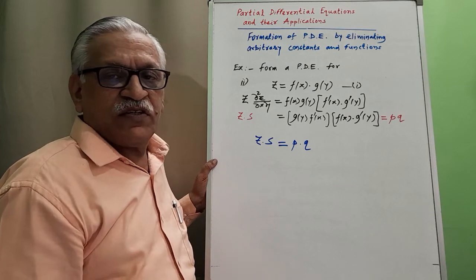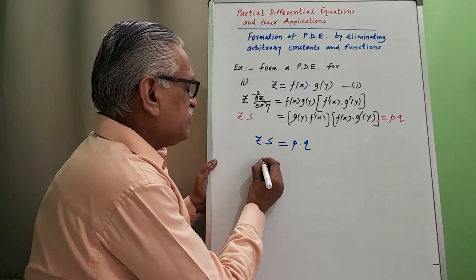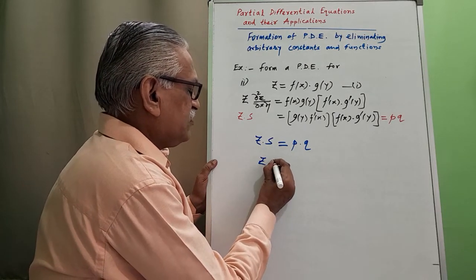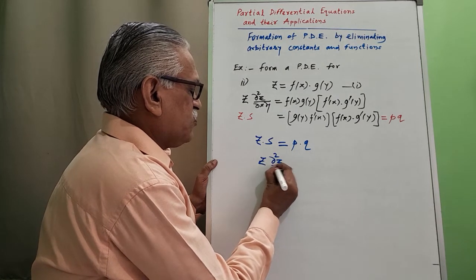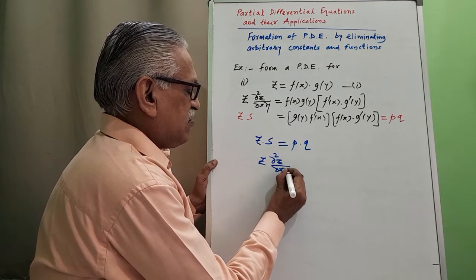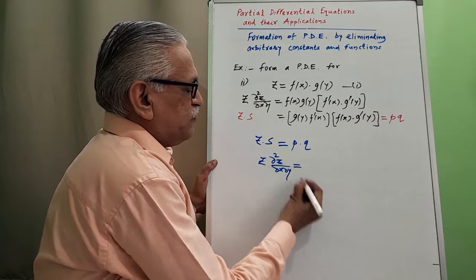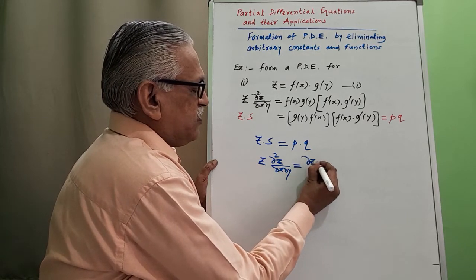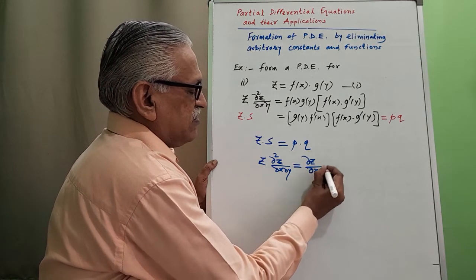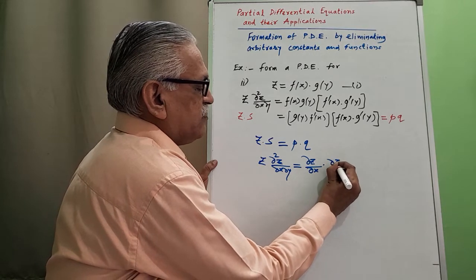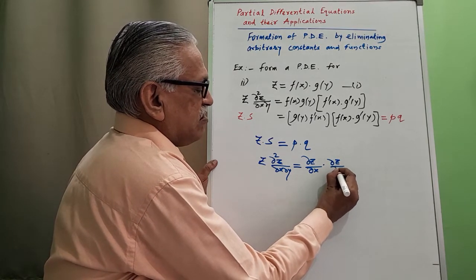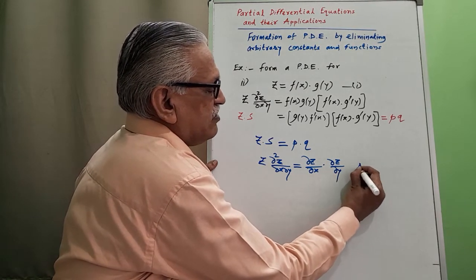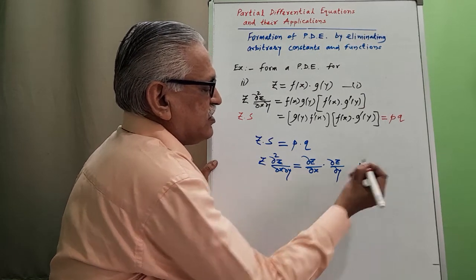Or in terms of that partial differential coefficient, it is z, s means ∂²z/∂x∂y is equals to p, p is ∂z/∂x, q means ∂z/∂y as the required partial differential equation.